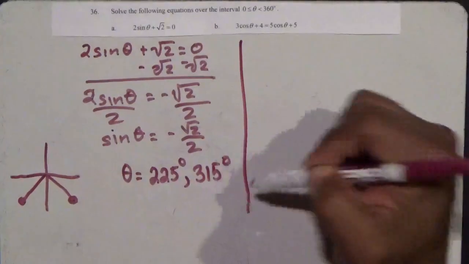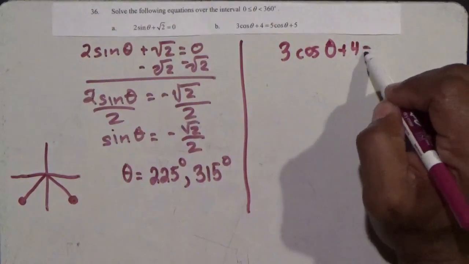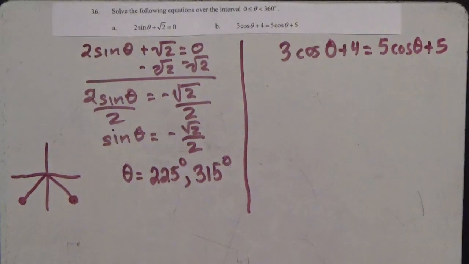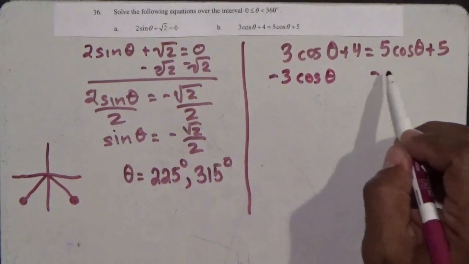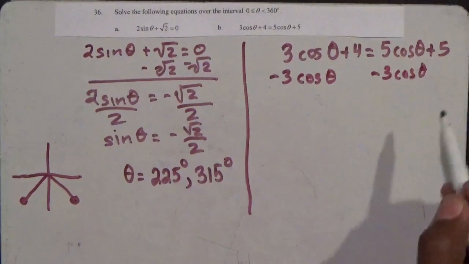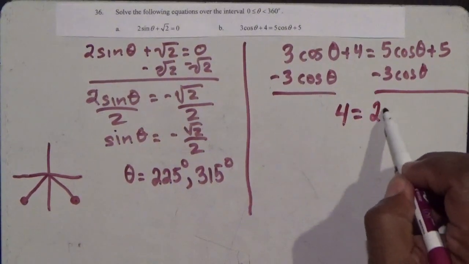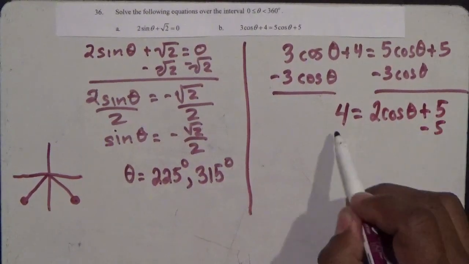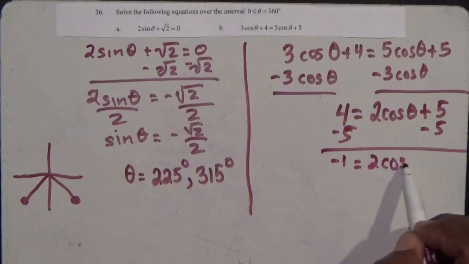For the next problem, we have 3 cosine theta plus 4 is equal to 5 cosine theta plus 5. We treat this just like any other algebraic problem. I would subtract 3 cosine theta from both sides. That would give me 4 equals 2 cosine theta plus 5. Subtract 5 from both sides. That's going to give me negative 1 is equal to 2 cosine theta.